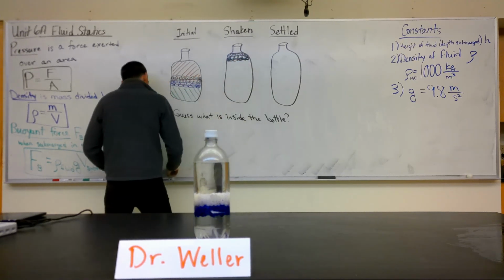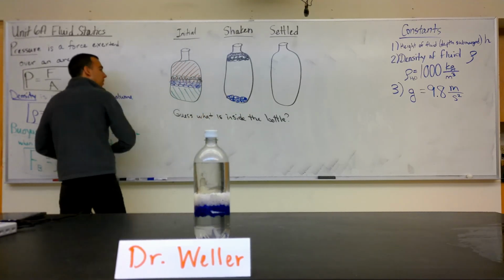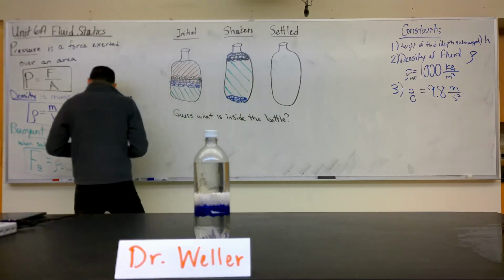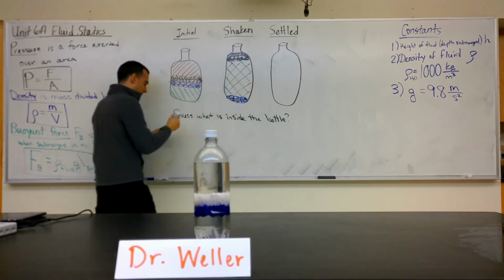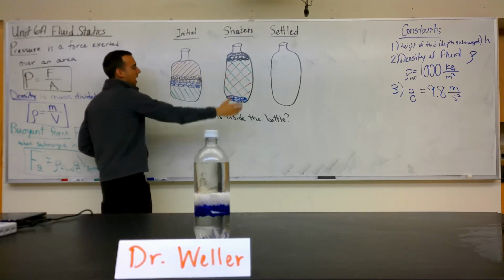We get blue beads on bottom. And we get something in the middle. A little bit of art class for you. And then we end up getting the same thing in the beginning that we had in the end.